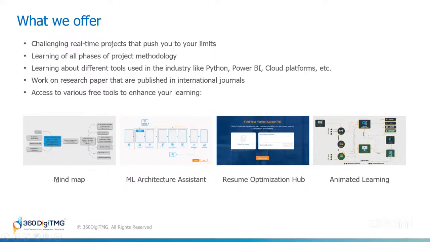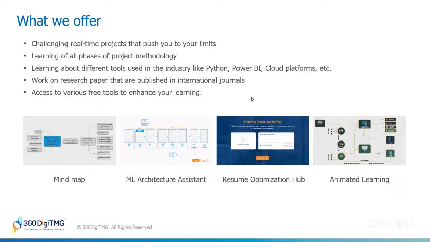There are mind maps on our 360DigiTMG website, which you can refer to for a quick recap twice a day. We have the ML architecture assistant, with which you can build the architecture for your project.